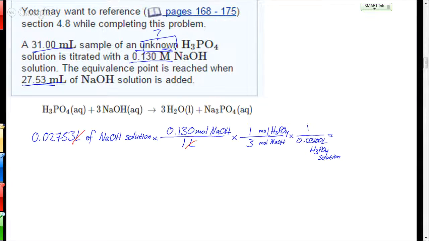So if you look at what we've got here, we canceled moles of sodium hydroxide, and now we have moles of phosphoric acid per liter of phosphoric acid solution. So moles per liter of solution is concentration. So our final answer is going to be in moles per liter, or molarity, whatever that comes out to be. Should we try it, see if it works?